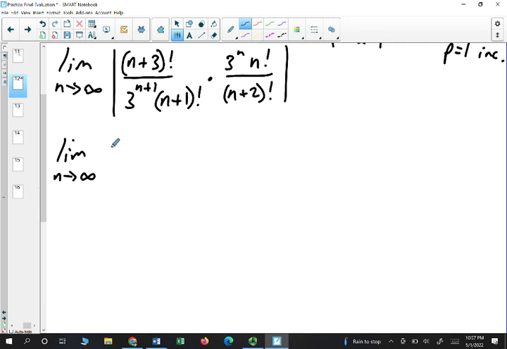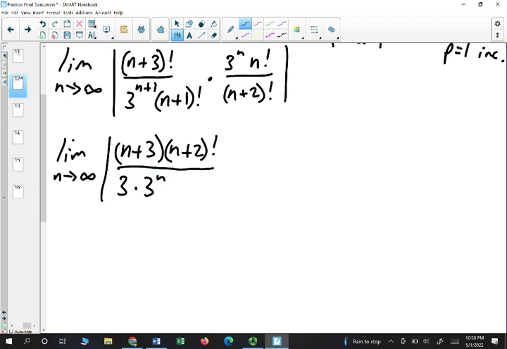N plus 3 factorial would be the same as n plus 3 times n plus 2 factorial. 3 to the n plus 1 would be 3 times 3 to the n. And n plus 1 factorial would be n plus 1 times n factorial.